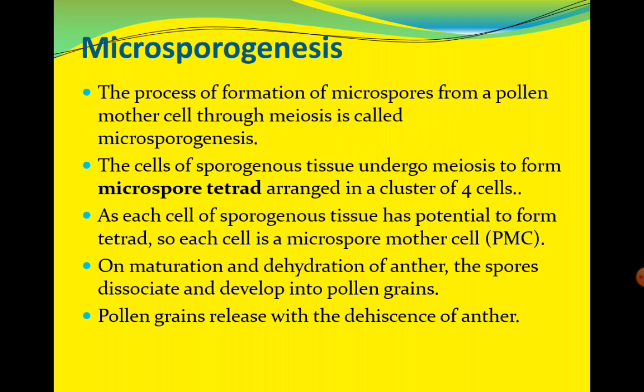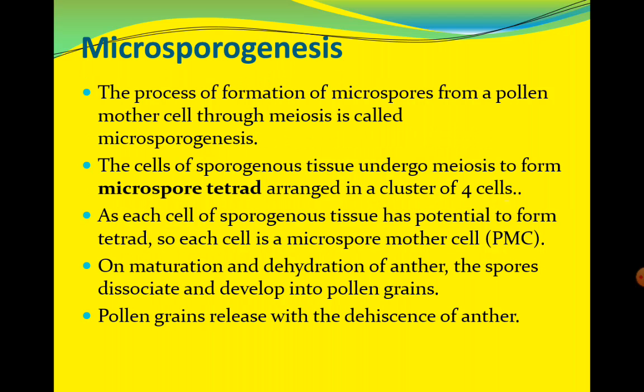Microsporogenesis is the process of formation of microspore or we can say pollen grain from pollen mother cell or microspore mother cell through the process of meiosis. So whenever microsporogenesis occurs, a single pollen mother cell forms 4 microspores. Because we know that in meiosis one cell divides and forms 4 cells, that 4 cells is called microspore tetrad.